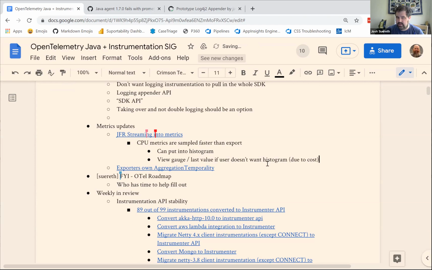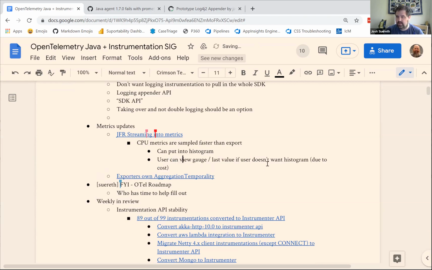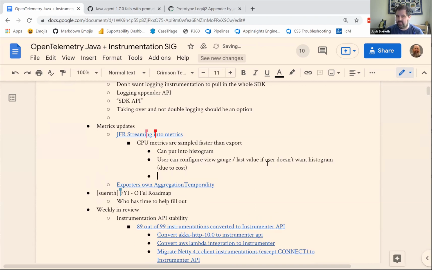The fun part here is our histograms are optimized for latency, not percentiles. So there's a bucket for anything over 1,000 milliseconds or something, which is going to be useless for percentile CPU. If you're over 1,000%, I think we have major problems with JFR.